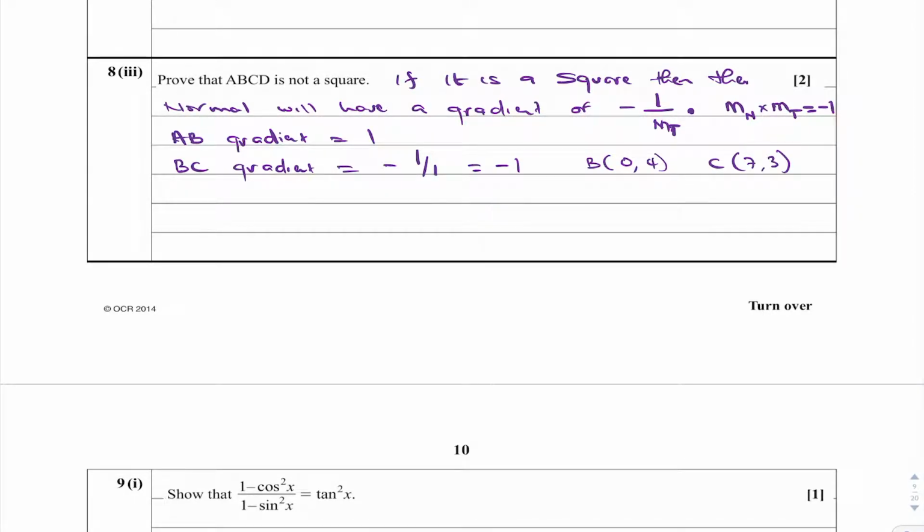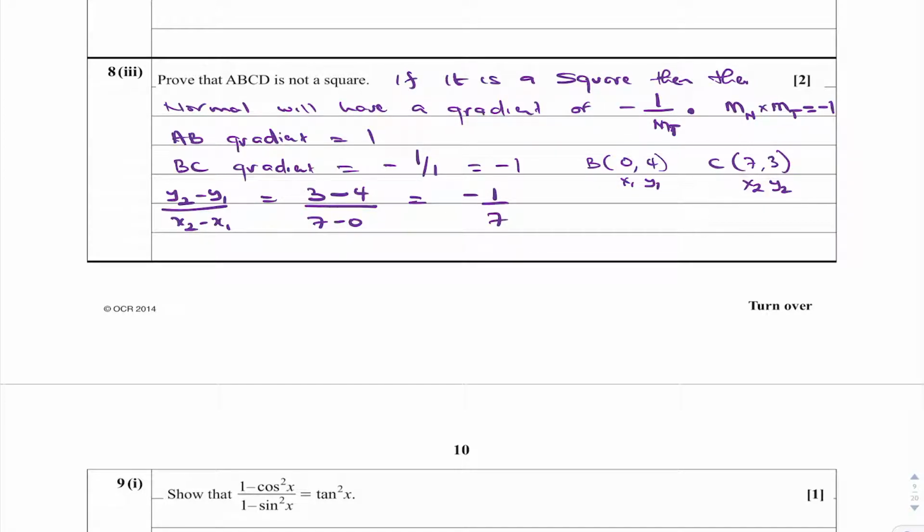And the gradient is y2 minus y1 over x2 minus x1, with x1, y1, x2, y2. And that will give us 3 minus 4 over 7 minus 0. And that becomes minus 1 over 7.